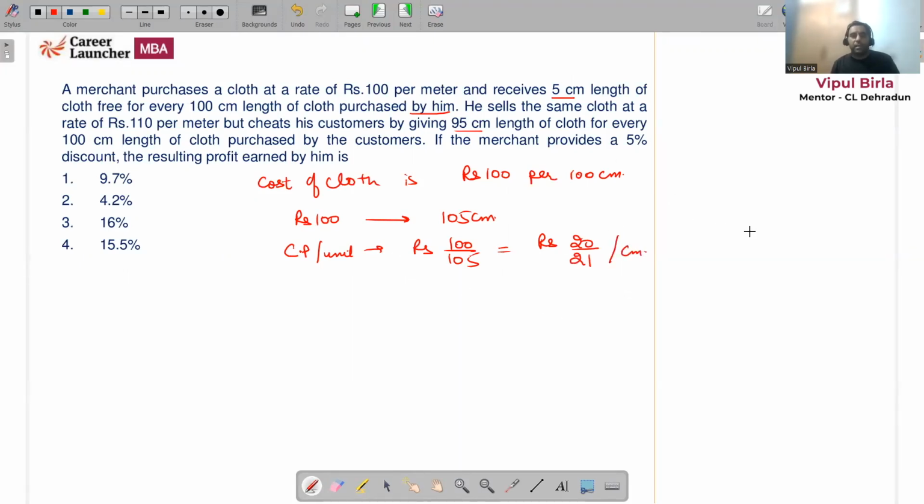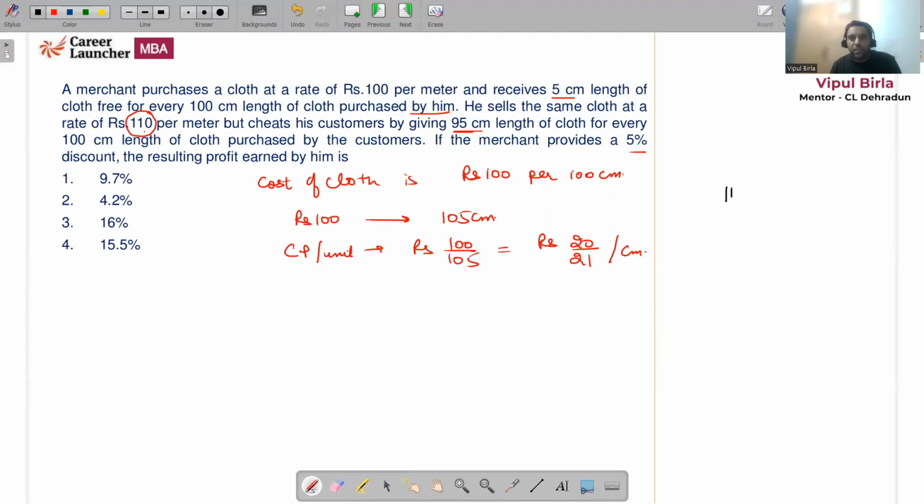Let's try and identify the selling price per centimeter. So while selling, he is giving 95 centimeter. The price is 110 per 100 centimeter, per meter, and he is also giving a discount of 5%.